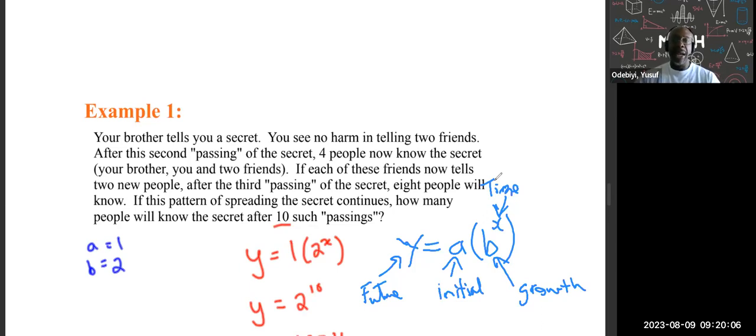So my initial amount was 1. Only 1 person knew. Okay, and every person is telling 2 other people, so it's doubling, right? Again, so I gotta add people in. So it's doubling.